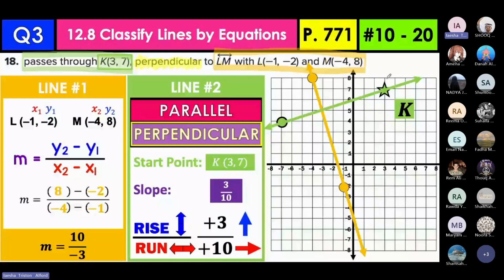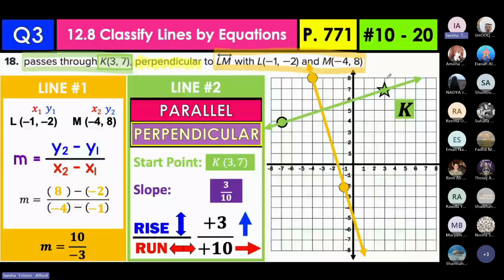That is the new line. You guys want a question? Anybody want to ask me about number 18? No, miss. All right.